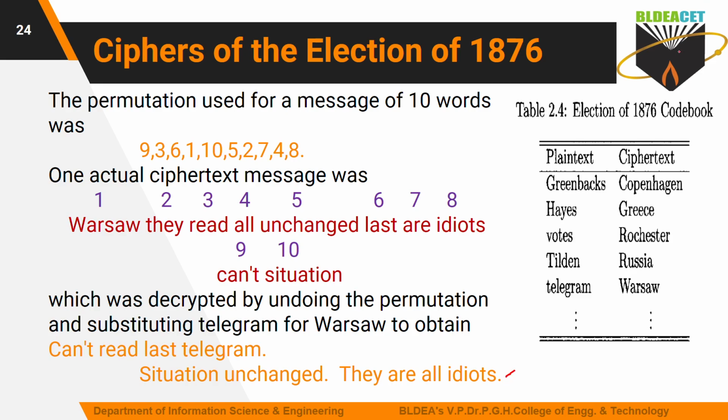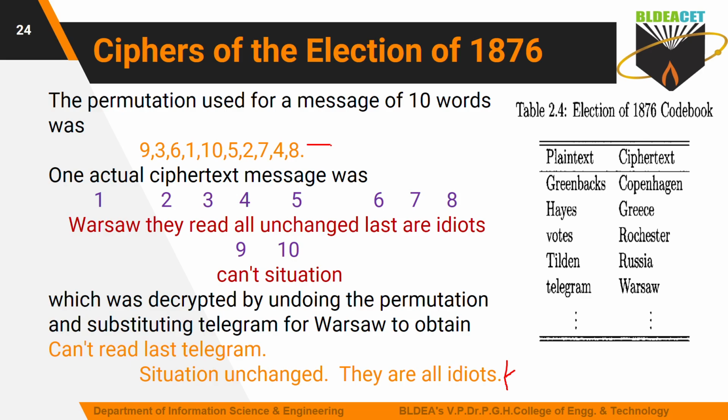So during the election of 1876, both the parties, for making communication, used this encryption technique to prevent those messages from being read, so they could communicate securely. The drawback of this one is very simple, because the permutation is fixed.